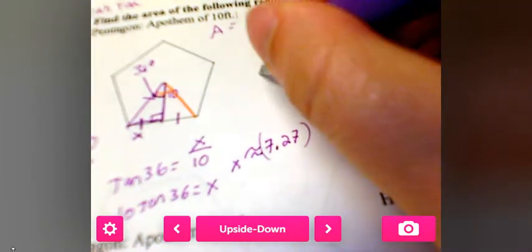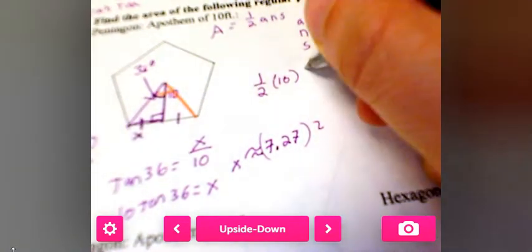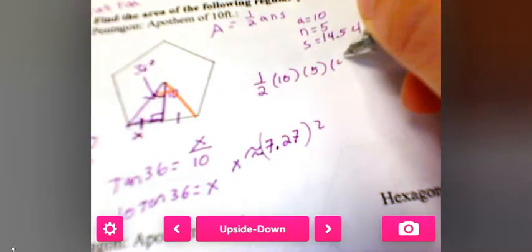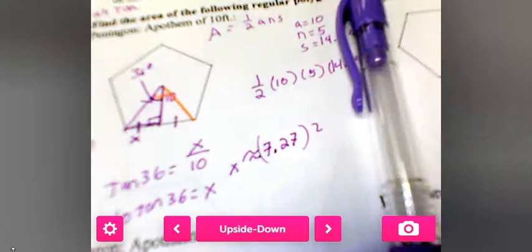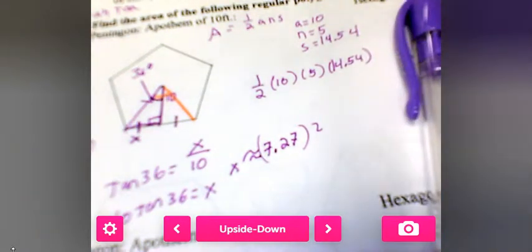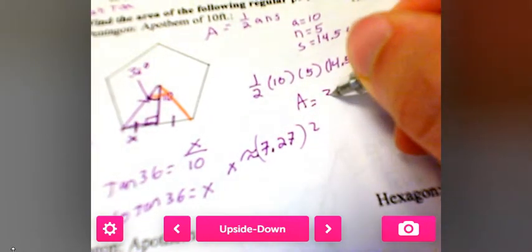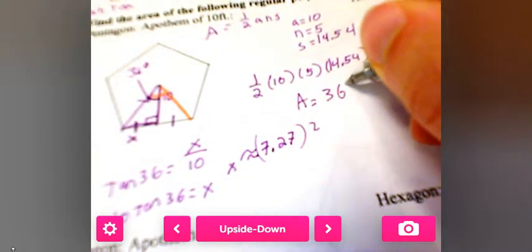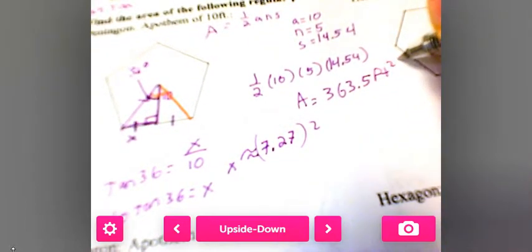So I'm going to go 1/2 times 10 times 5 times 14.54. If you want to leave it as just 14.5, that's fine with me too, but at least 1 decimal point if there is one. 0.5 times 10 times 5 times 14.54 gives me the area equals 363.5 feet squared.